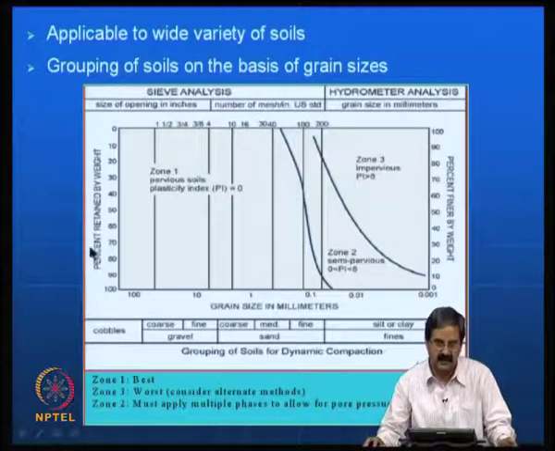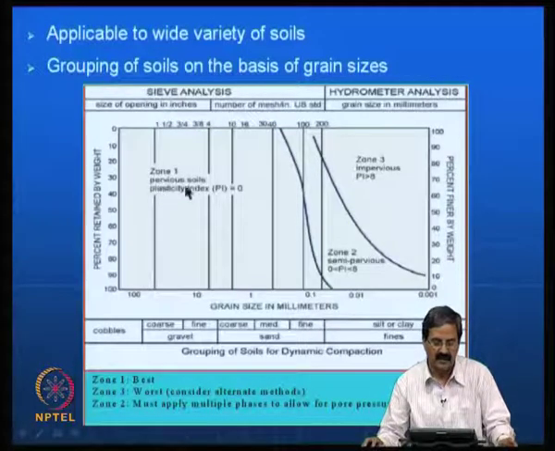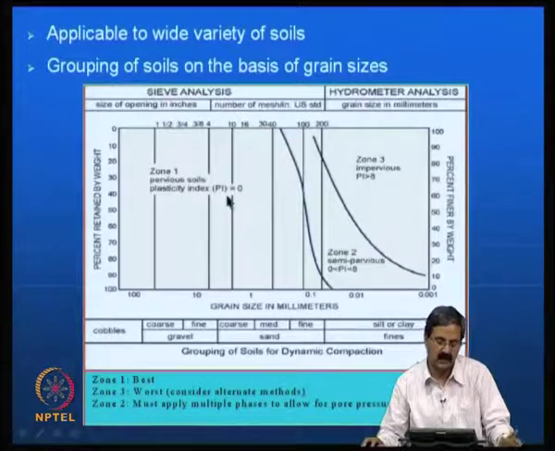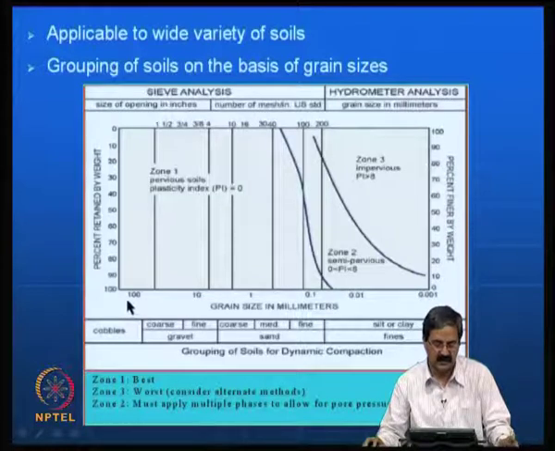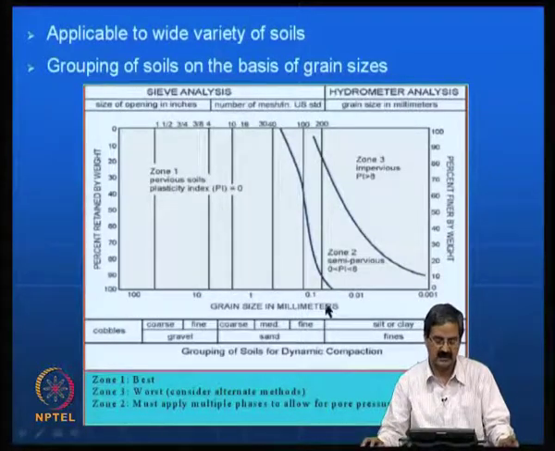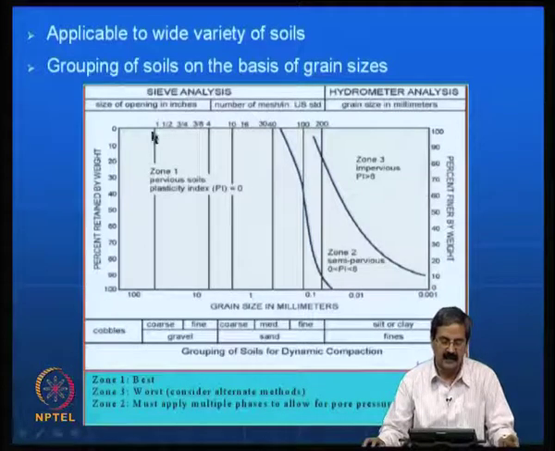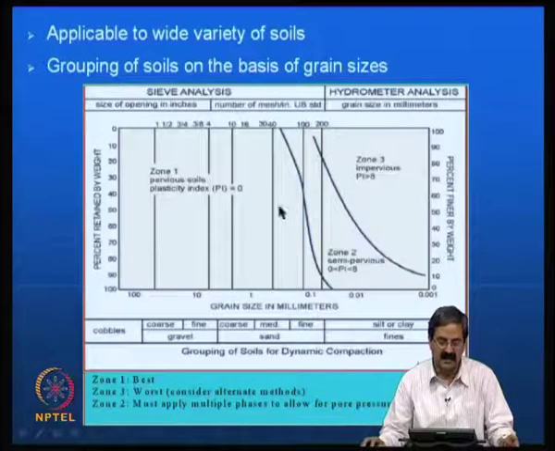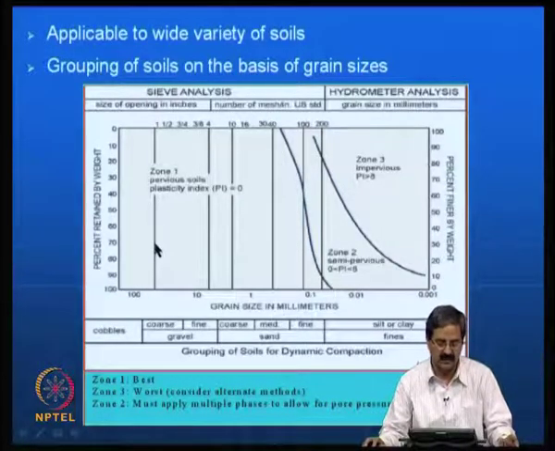For example, here you see that this is zone 1, and the soils are supposed to be pervious here, and the plasticity index is 0, like non-cohesive soils, and the grain size distribution is reasonably bigger. We think that the materials in this zone are best suited for ground improvement by dynamic compaction.